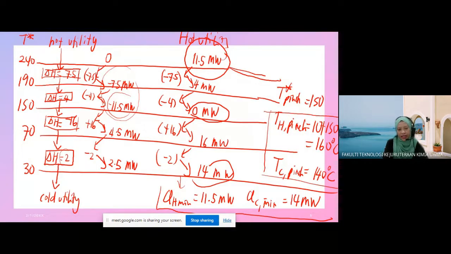Now you can start designing your heat exchanger network. Right, so up to here, any question?